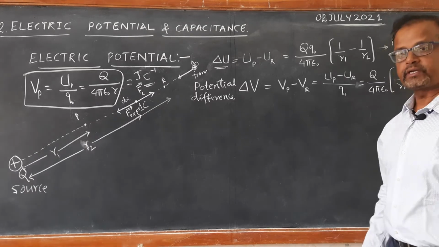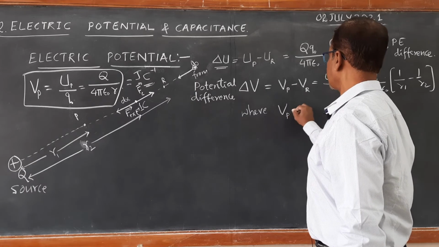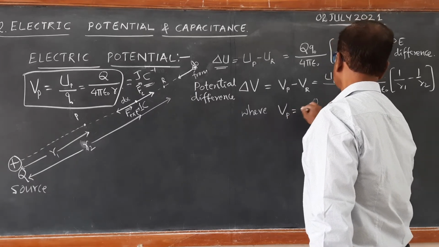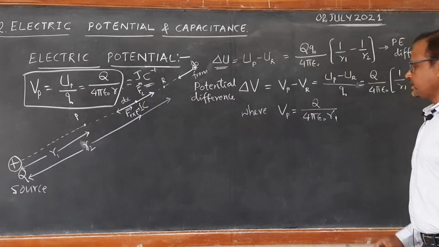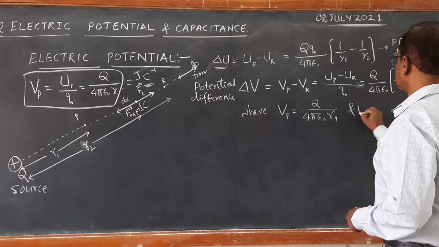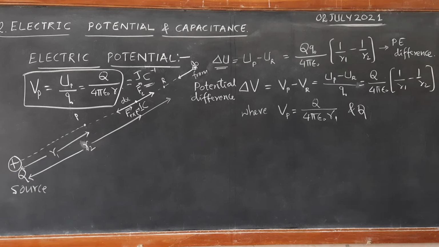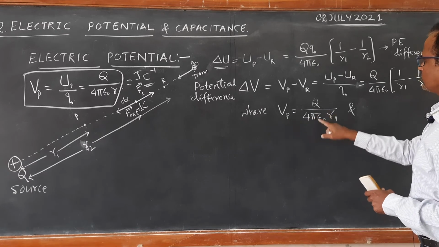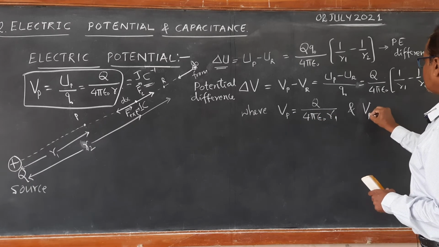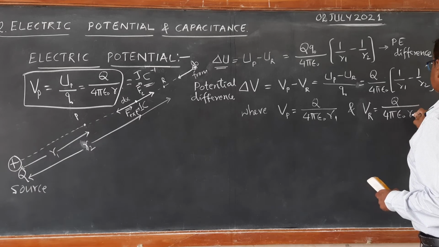So that is how we get the potential difference, where Vp, the potential at point P, now becomes Q by 4 pi epsilon naught R1, and Vr, the potential at R, is equal to Q upon 4 pi epsilon naught R2.